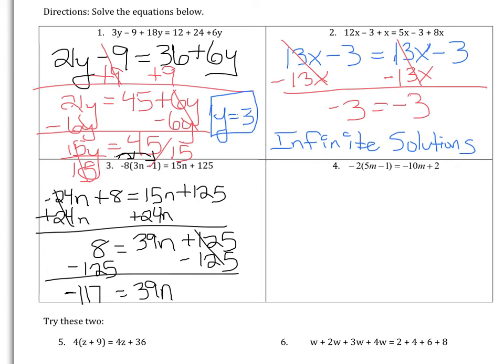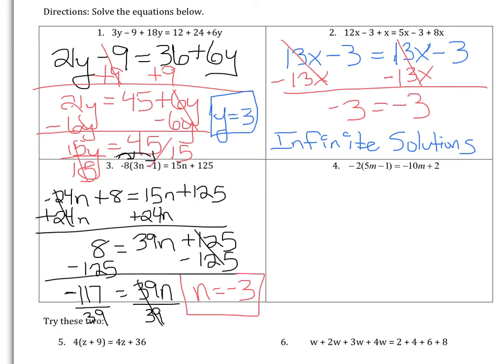Finally, to solve for n, I can divide by 39. Again, I'm going to write it off to the side. I get n equals negative 117 divided by 39. You can divide it in your calculator. You might not think it works, but it does. It's a nice number. It equals negative 3. The reason it's negative is because you have a negative divided by a positive.